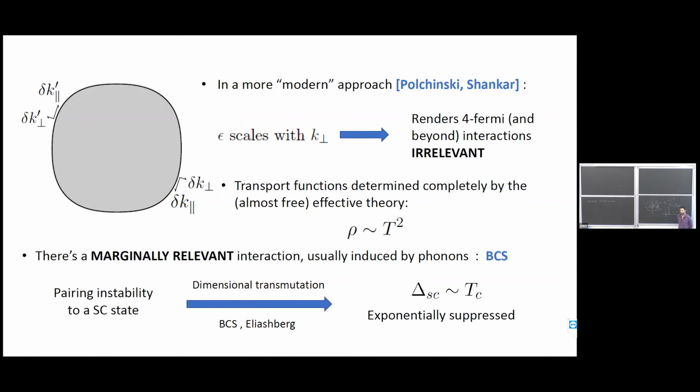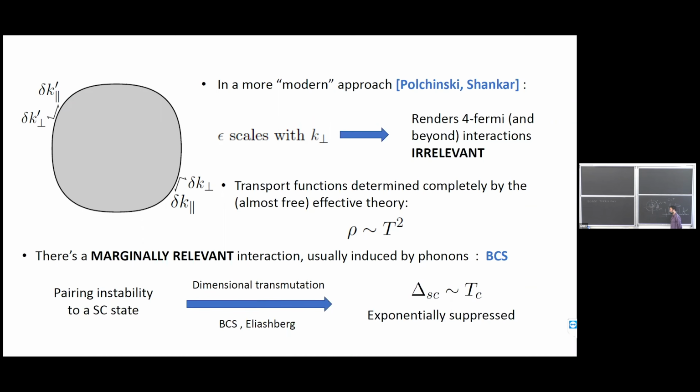And under this decimation, one can check that any possible self-interaction is rendered irrelevant. So a theory of weakly coupled quasi-particles is very natural at low energies, and that's the reason for these theories to be very successful in describing generic metals.